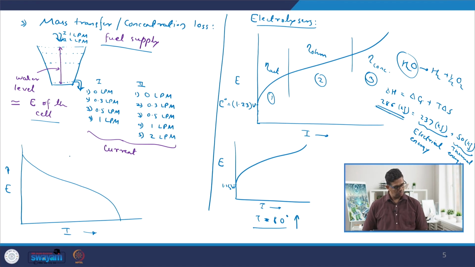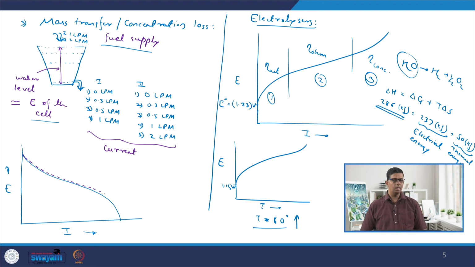So, what happens in the cell is, let me draw it in a different color, as we increase the flow rate of the fuel, the performance curve goes something like this. It is almost parallel; it rather matches the previous performance curve.